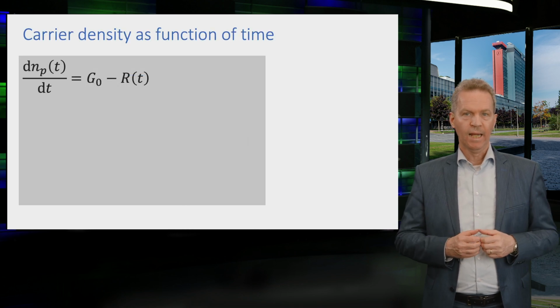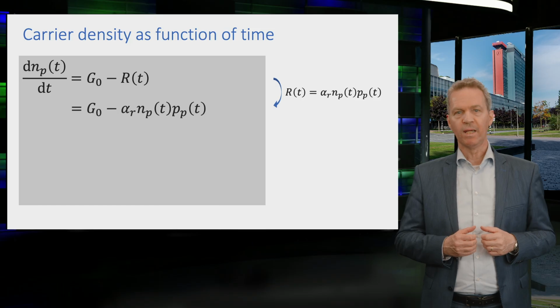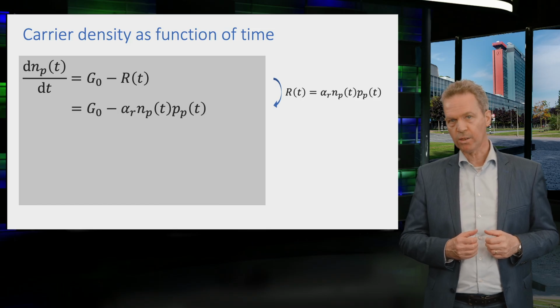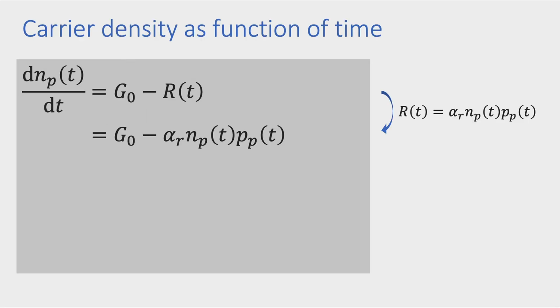First of all, it is to be expected that the recombination rate varies with the product of the instantaneous electron concentration, Np, and hole concentration, Pp. The prefactor alpha R indicates the likelihood of recombination and is material dependent.